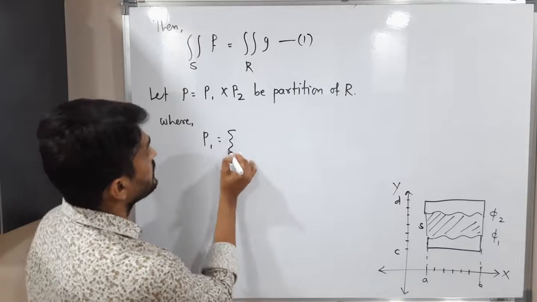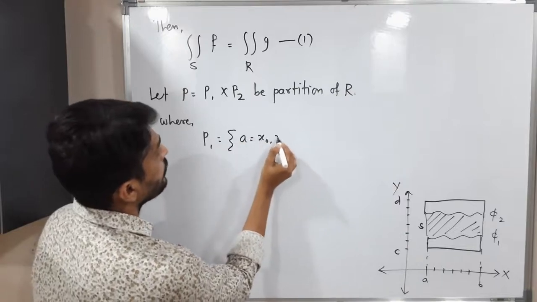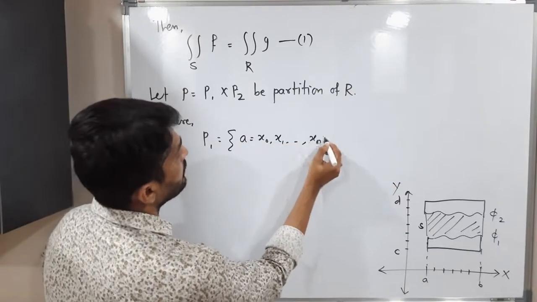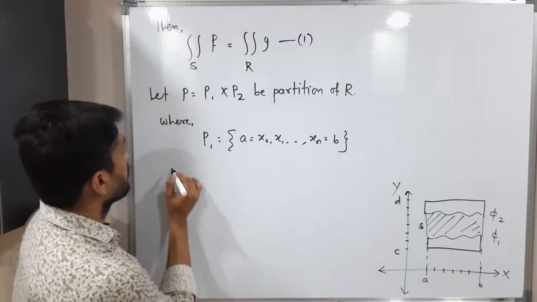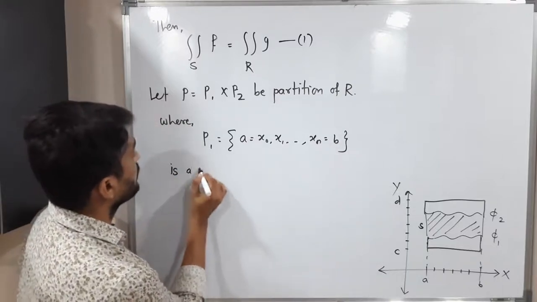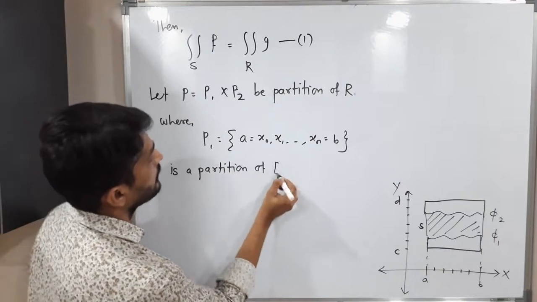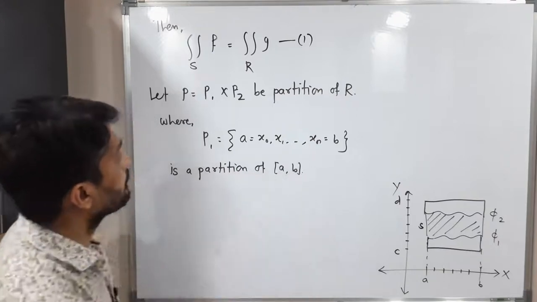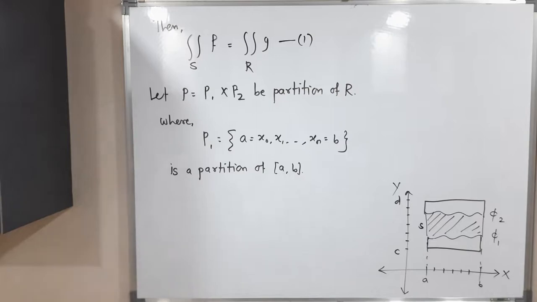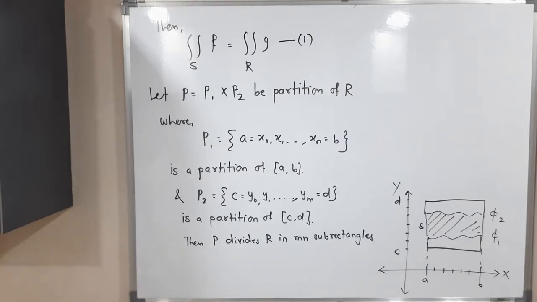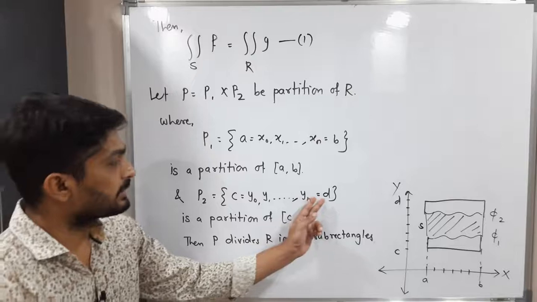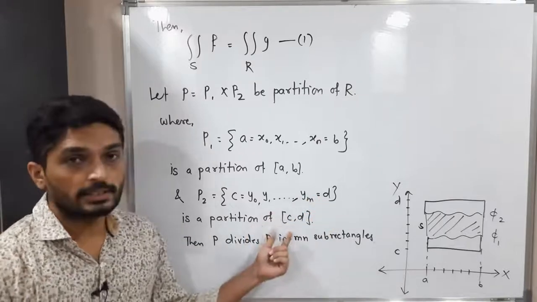So P1 is equal to A = x0, x1, up to xn = B, a partition of [A,B], and similarly P2 is C = y0, y1, and so on, ym = D, a partition of the closed interval [C,D].